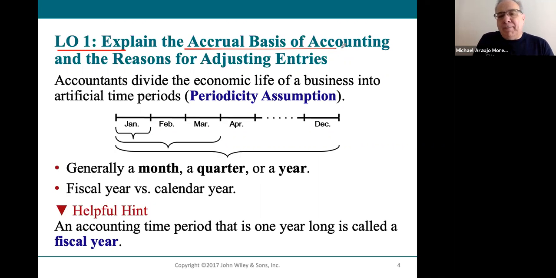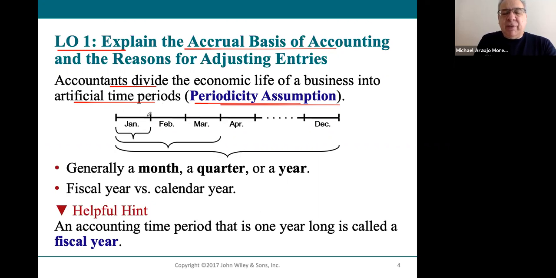Interesting enough, what we are really practicing here is part of generally accepted accounting principles based on something called the periodicity assumption. If you remember way back from chapter 2, you were introduced to this concept. Accountants need to divide up the life of a business into these artificial time periods.